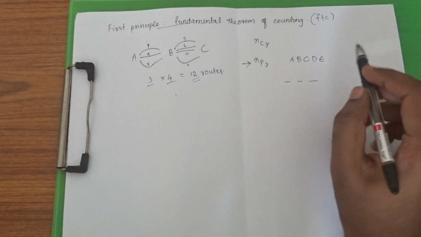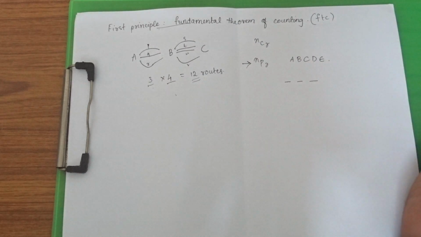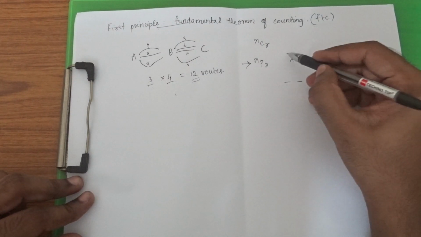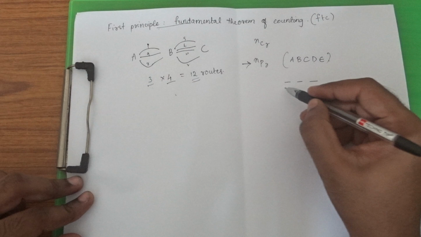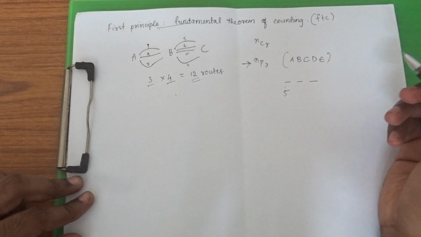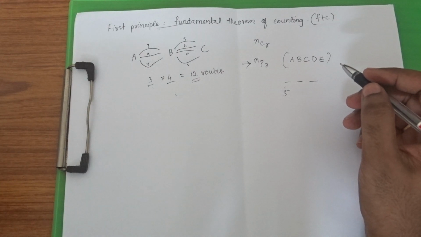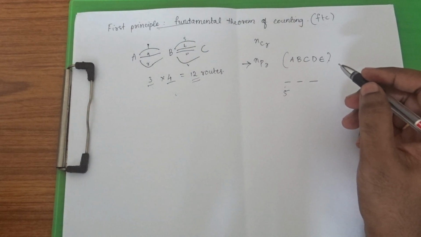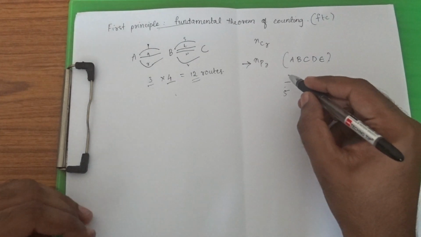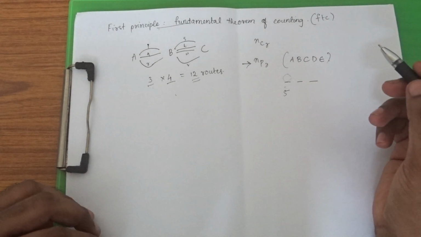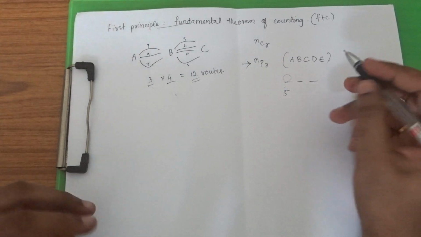Now you can apply FTC here and see what happens. Now I have 5 tiles to choose from. So the first dash can be filled in 5 ways. I don't know which letter is going there. It could be A or B or C or D or E. It doesn't matter which one. Right? Whichever letter I put here, that letter is now out of the picture. I have only 4 more letters to choose from.